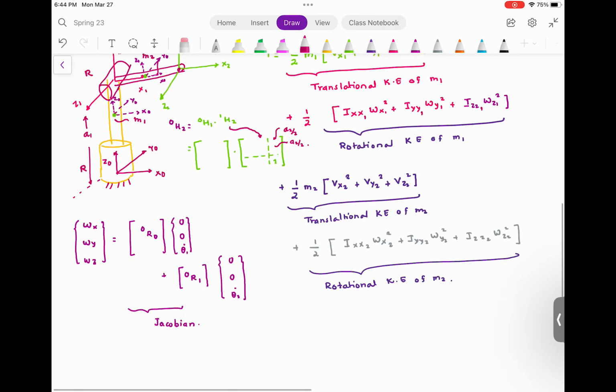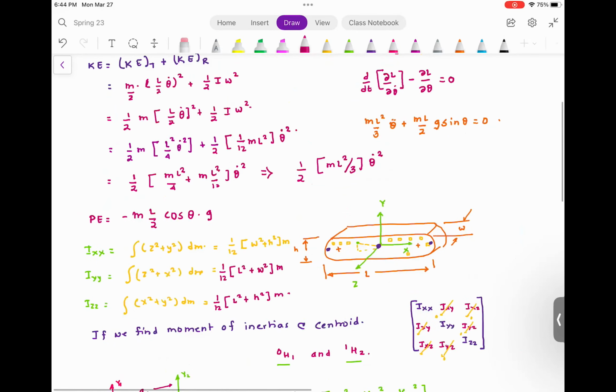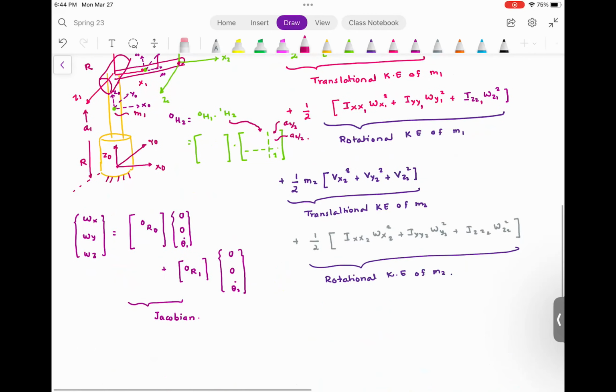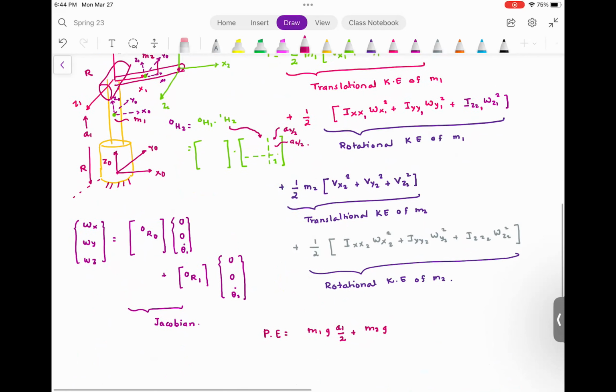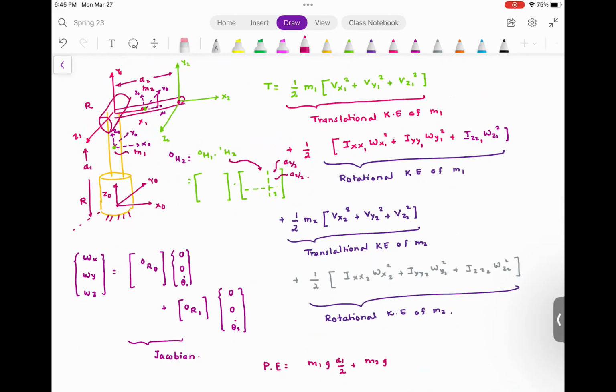And then we have to find out the equation for the potential energy, and the equation for potential energy is something like this. So you're going to have m1 g a1 by 2 plus m2 g, and as you can see, this distance is cosine theta 2.